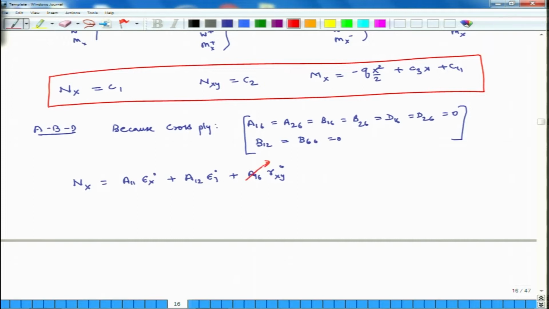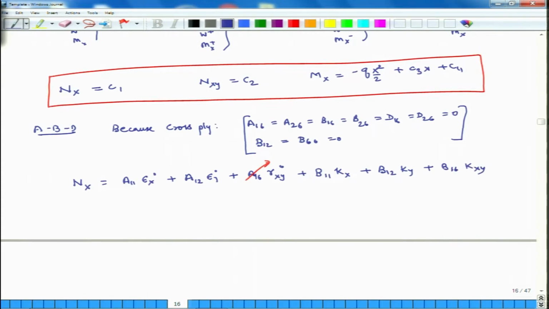A16 is 0. Oh, I am sorry, but there will also be B terms, plus B11 kx plus B12 ky plus B16 kxy.